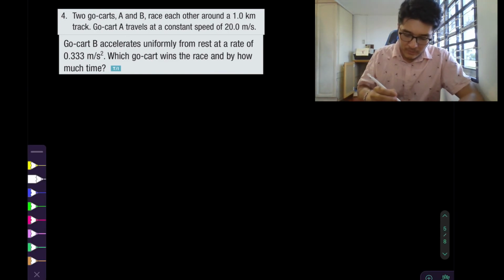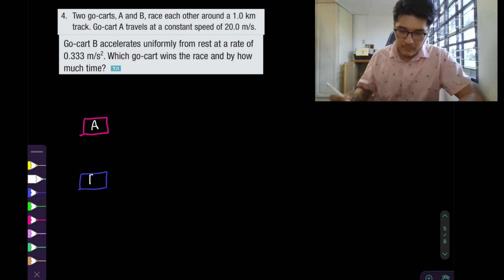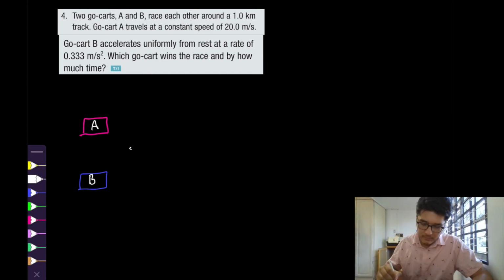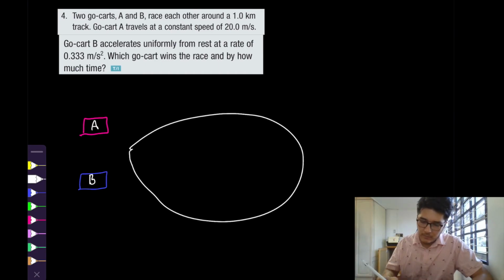So let's have our two cars, A and B. Now, in order to win this race, they need to race each other around a 1 kilometer track. So our distance is going to be 1 kilometer.